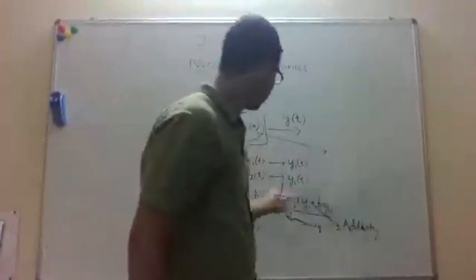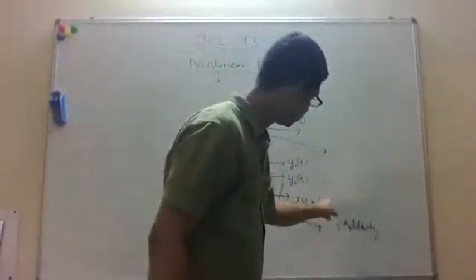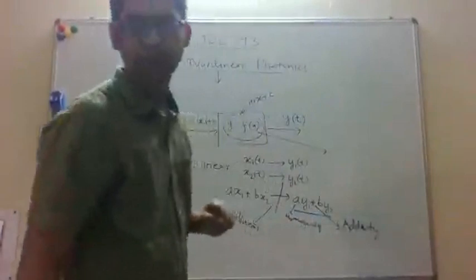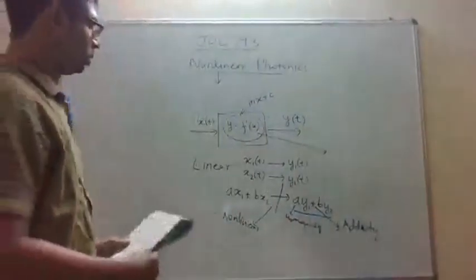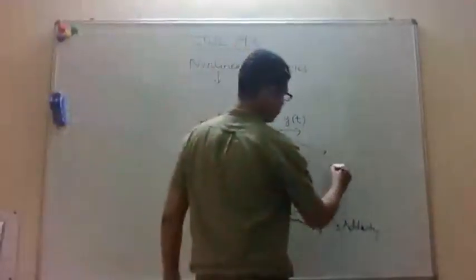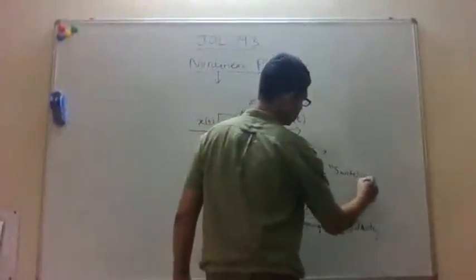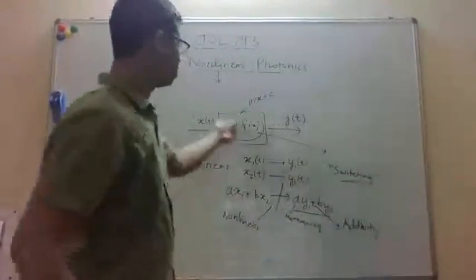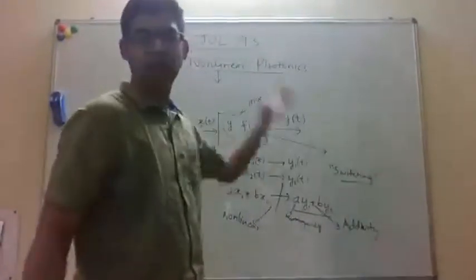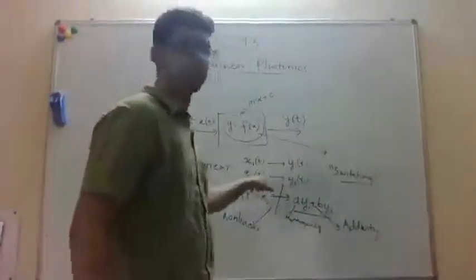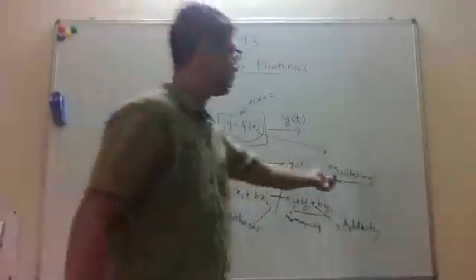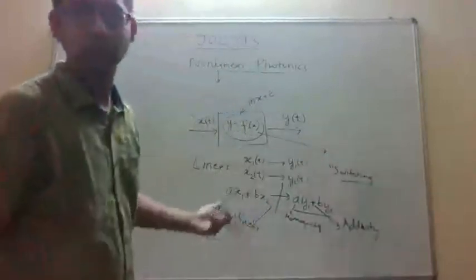For a linear system, that does not happen. The other input just changes the other component of the output. So, in other words, you could do something called switching: you could switch one output, let's say y1, on or off, high or low, using another input. That would be some switching sort of behavior.